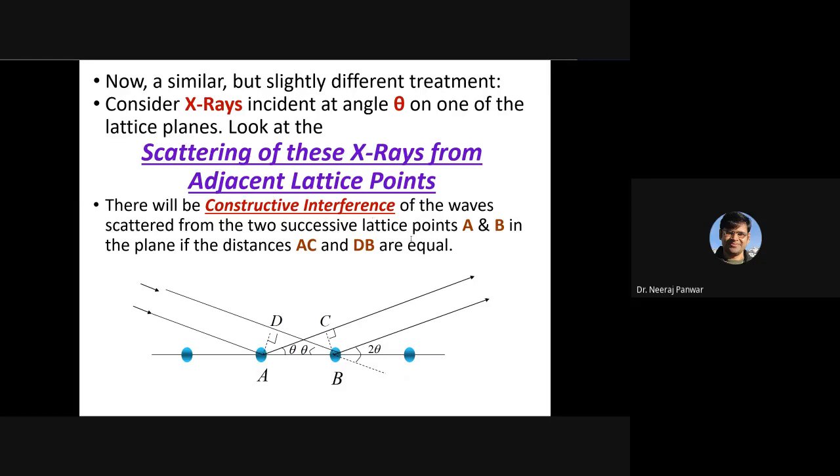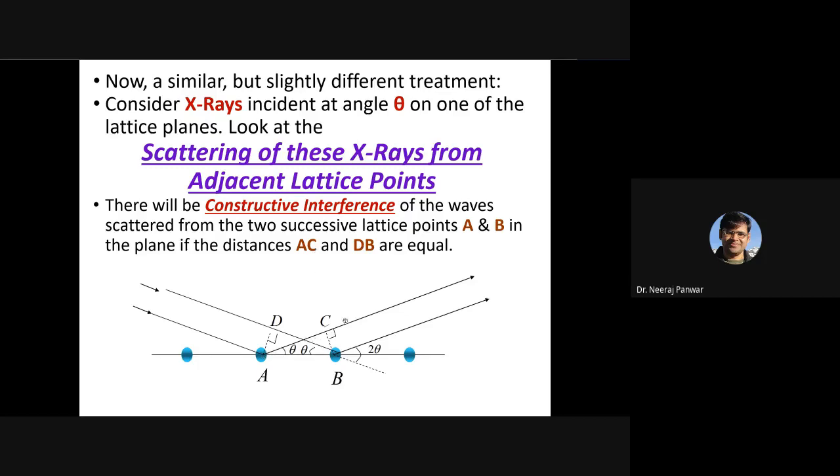Again, this is the diffraction of X-rays from only one plane, and you can see that two X-rays are incident. One is reflected from atom A and the other one is reflected from atom B. The two will interfere constructively if the distance traveled by the upper wave, that is equal to dB, is equal to the distance traveled by this wave, that is equal to AC.